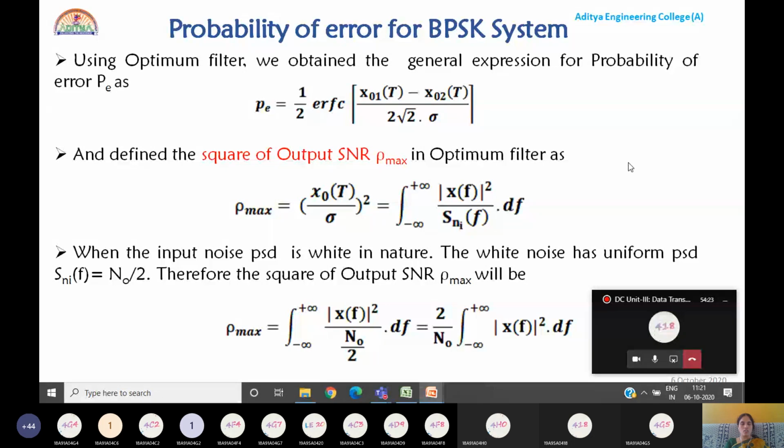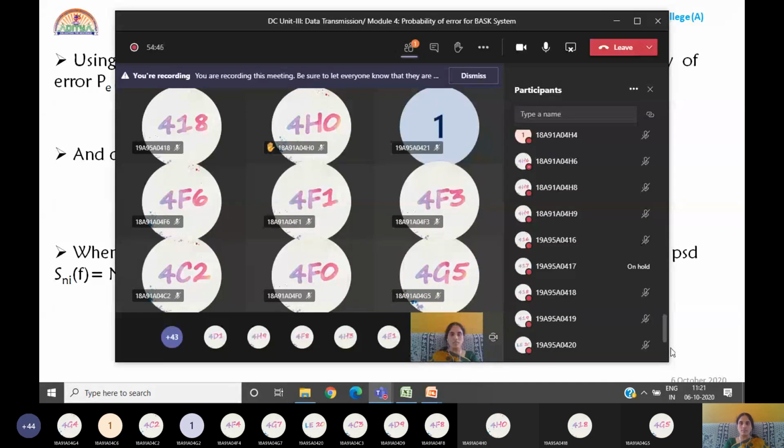So take x1 of t and x2 of t, substitute and get rho max, and take root rho max for calculation of output SNR. Please substitute in the same expression to evaluate the probability of error. So take this as homework and try to complete it by the next class. Okay.